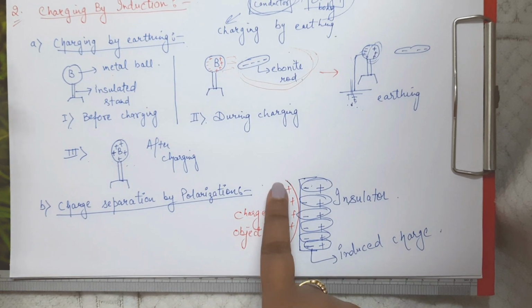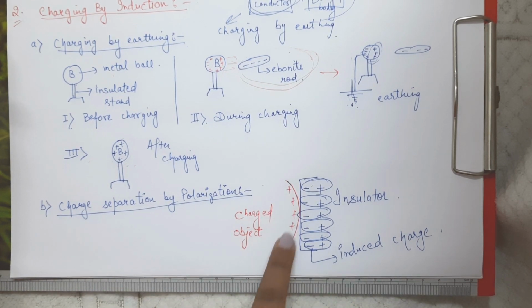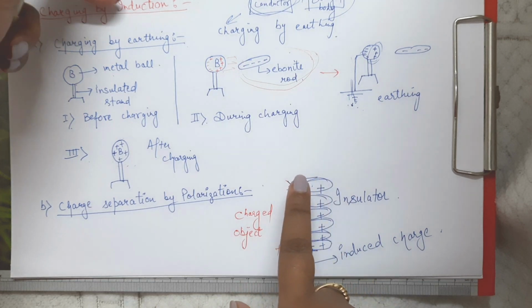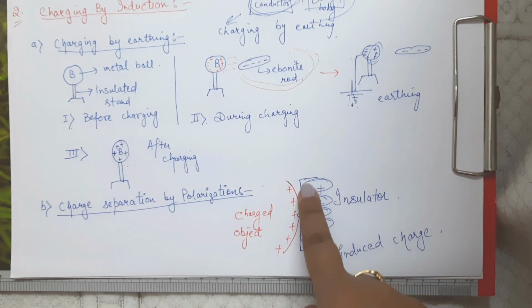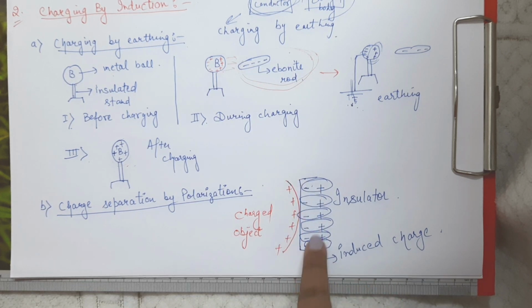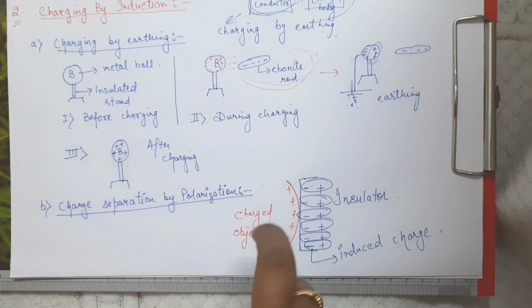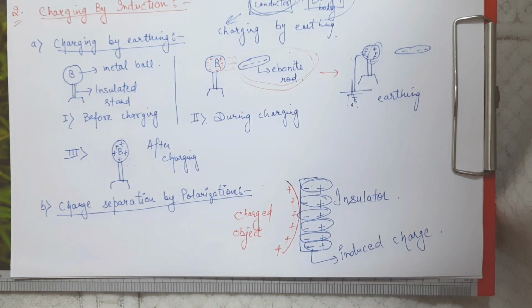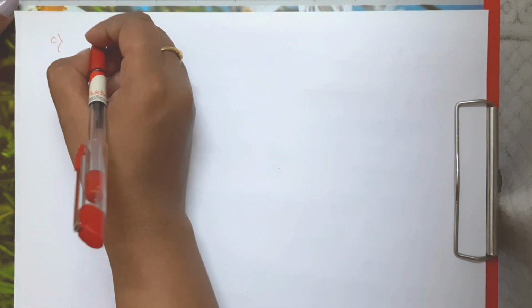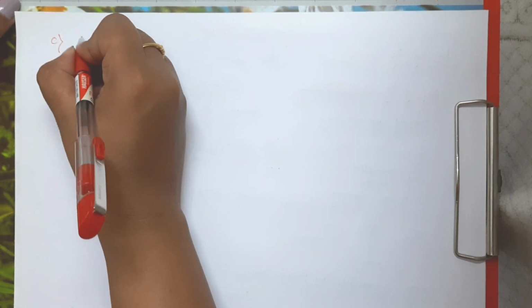Before that, remember here it was a positively charged one, so due to the process of this induction, negative charges have accumulated here, so the induction process has happened here. Okay, so this is the second one. Now we'll move on to the third process. So now we'll discuss the third process, that is charging by separating conductors.